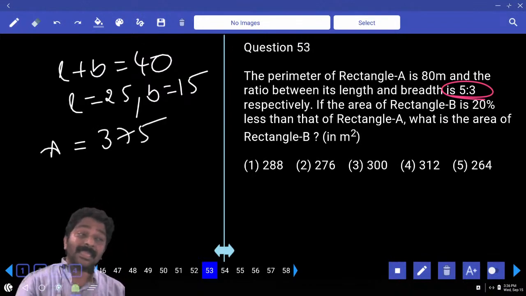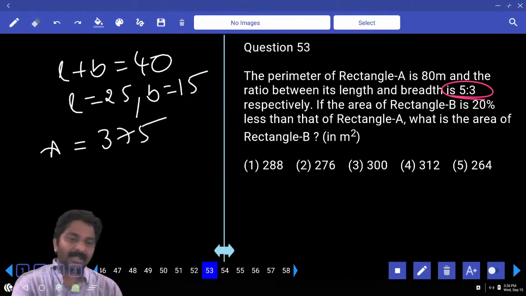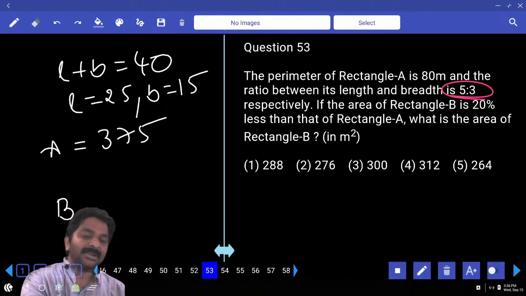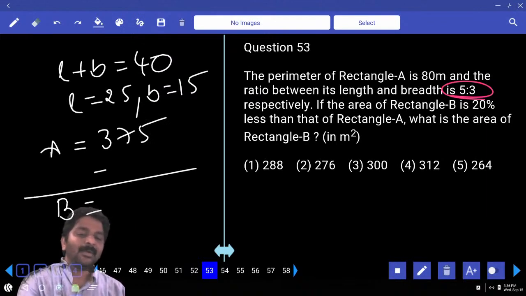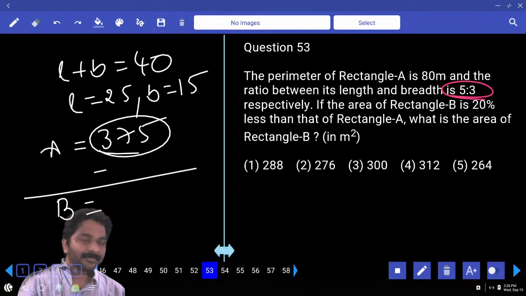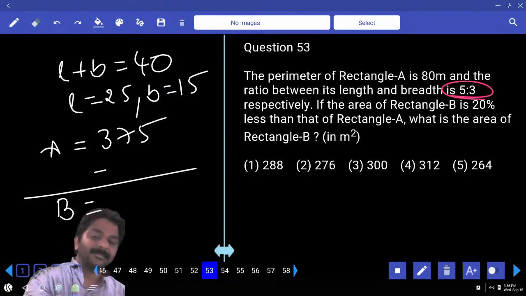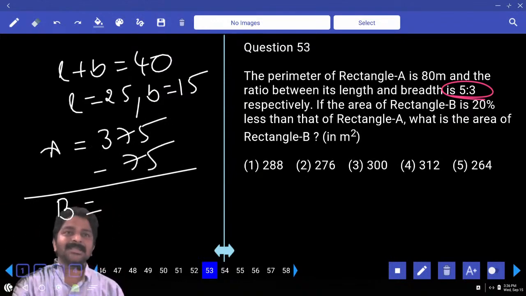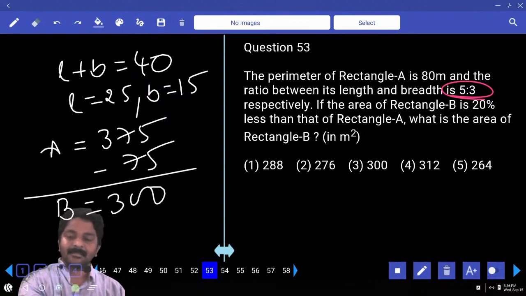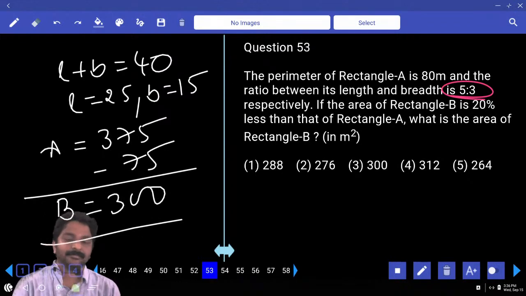So rectangle A area is 375 and B area is 20% less than this number. What is 10% of this number? 20%? Double 75. Come on. Answer. That's all. Third option.